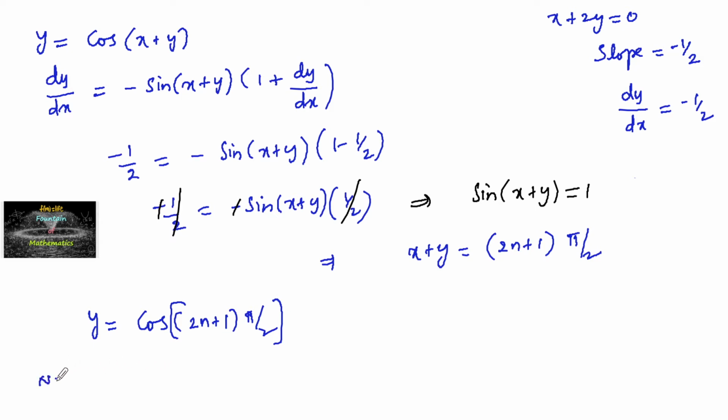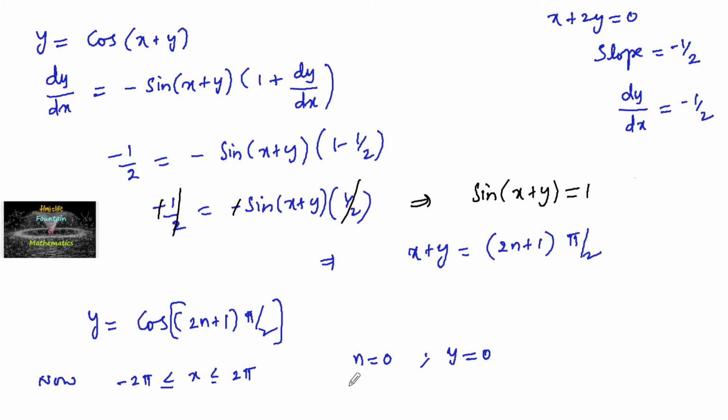And now for minus 2 pi less than or equal to x less than or equal to 2 pi, so for n is equal to 0 we are getting cos 90, that is 0, so y is equal to 0.